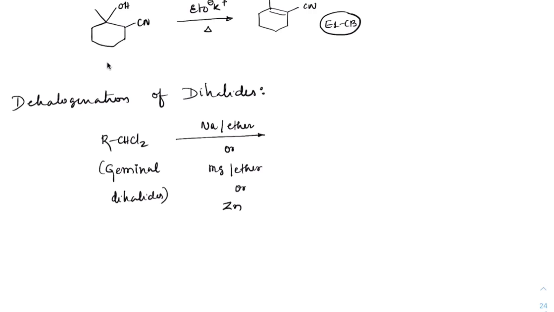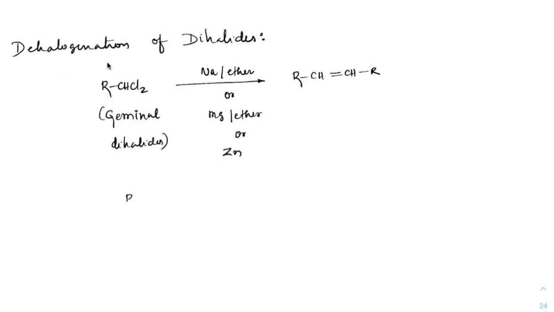In all of these cases, it will form RCH double bond CHR. It is like two radicals RCH. First radical is forming, another RCHCl is forming.